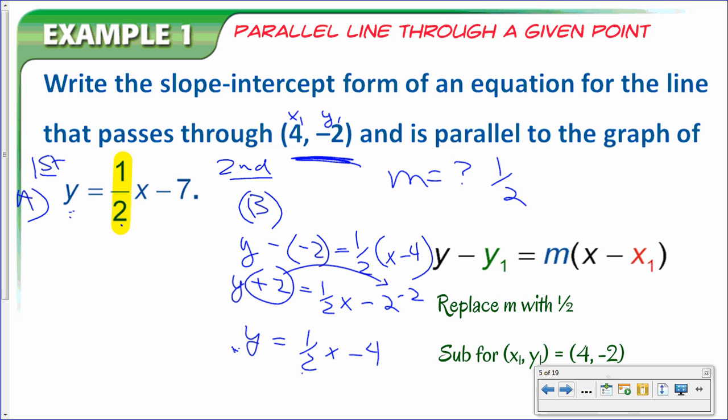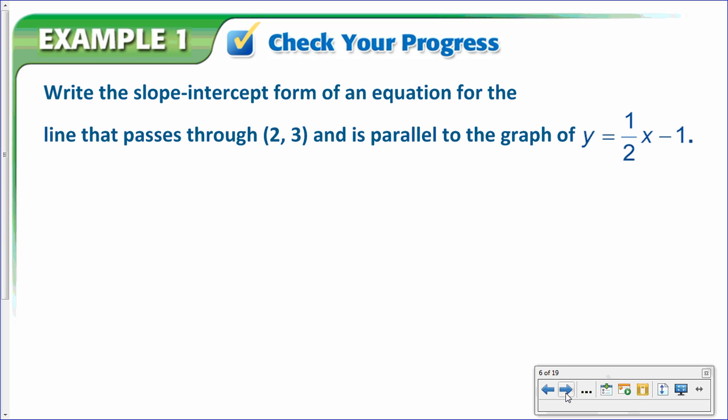Kind of hard. Y equals 1/2 x minus 7. Everybody see it? Pretty easy, right? Any questions? Okay, look at 2, or write that down, just see why P.